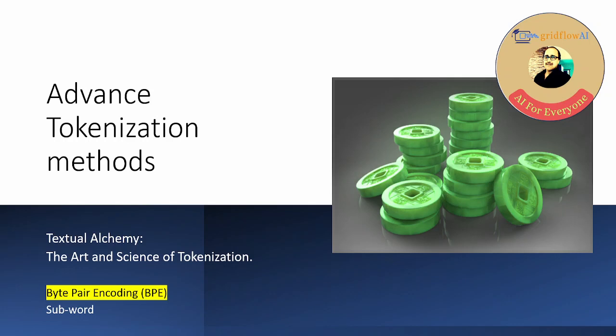Hi everyone, welcome to this video series on advanced tokenization algorithms that are typically used by BERT and transformer models. The advanced text tokenizers like Byte Pair Encoding and WordPiece actually play quite a significant role in modern natural language processing tasks, particularly BERT and transformers.